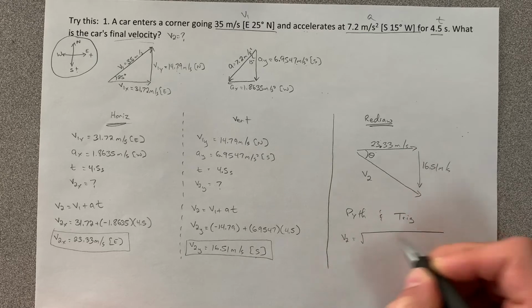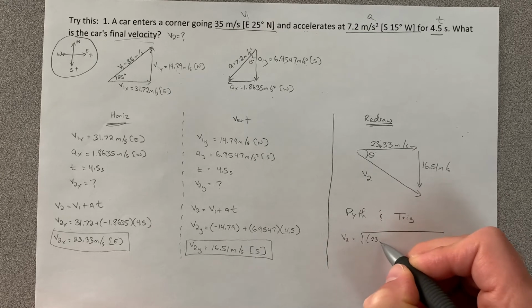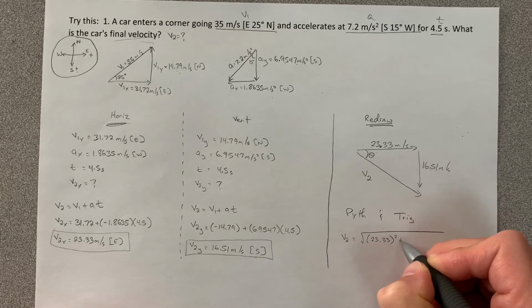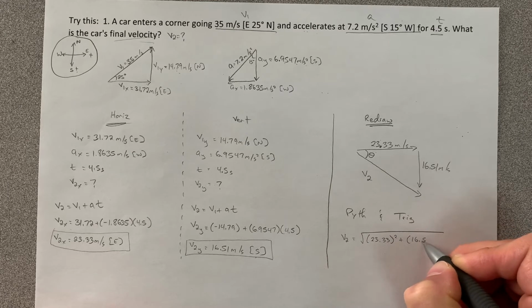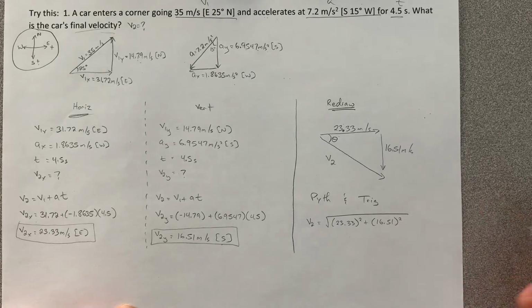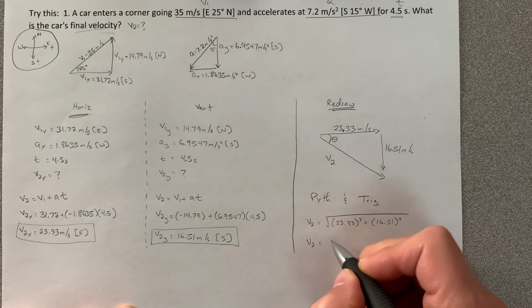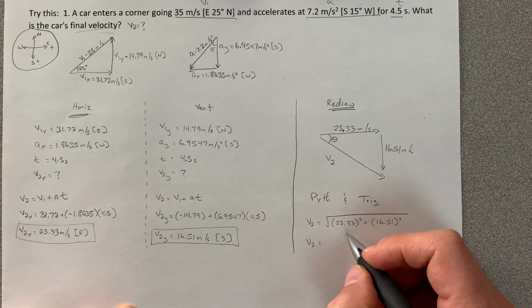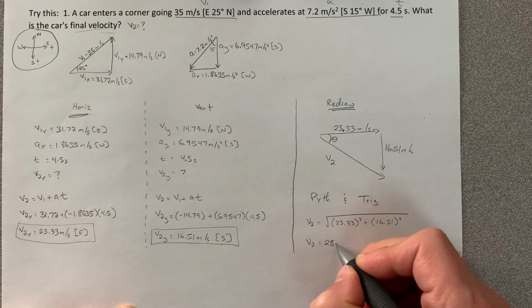V2 is the square root of 23.33 squared plus 16.51 squared. Let's move this over here a little bit. V2 then, what does that work out to? That is 28.58.